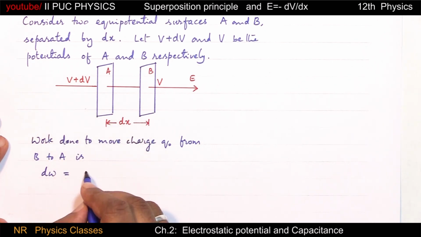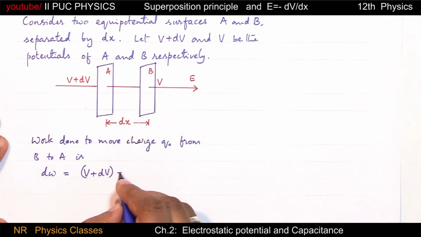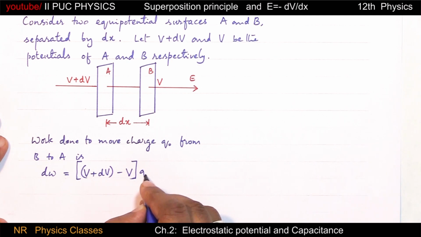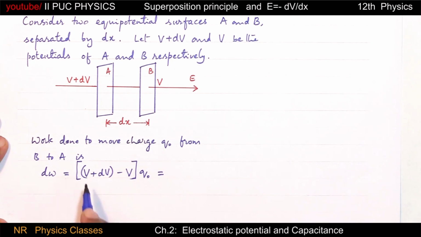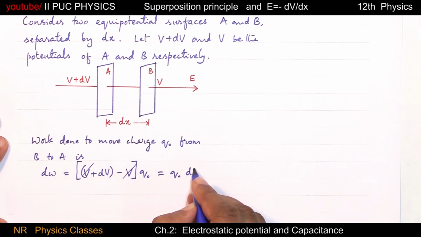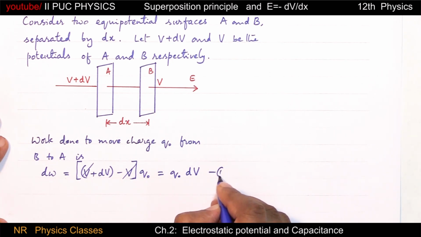Potential of first is V plus dV minus potential of second, V. The difference of those two into Q0 is V minus V cancels, so it is Q0 into dV. This is the first equation.